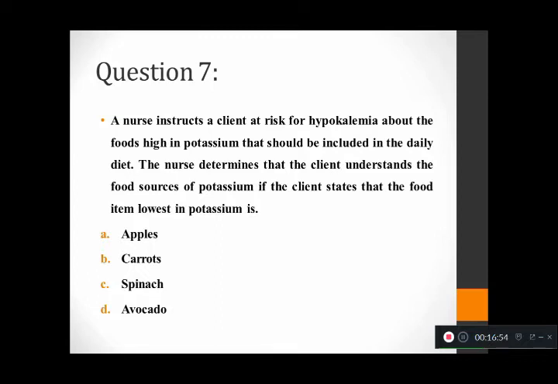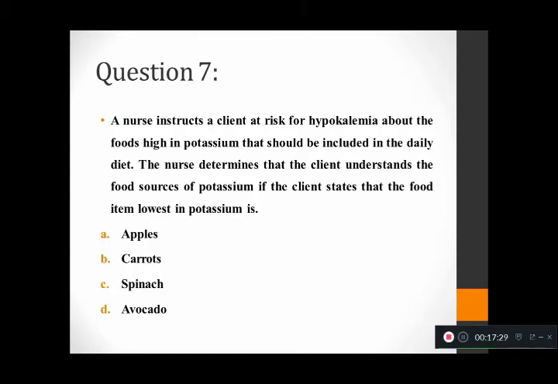A large piece of carrot gives 341 milligram potassium. 3.5 ounce of spinach provides 470 milligram of potassium, and a medium size avocado provides 1097 milligram of potassium.